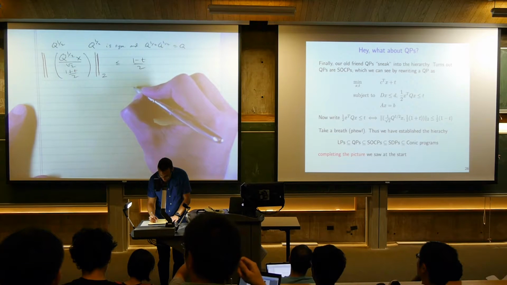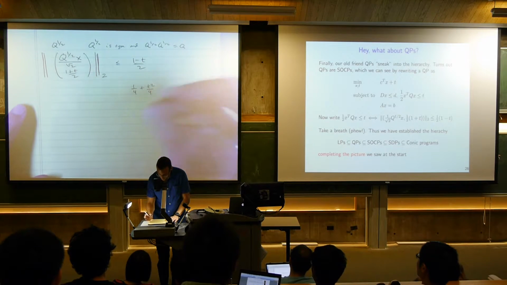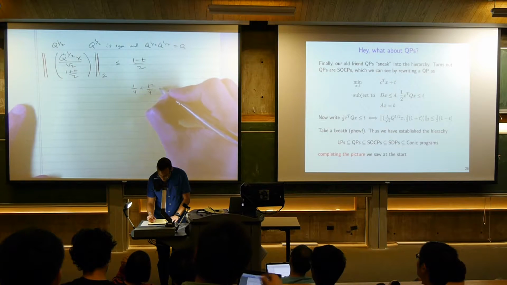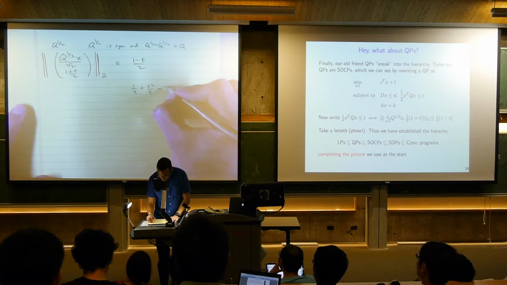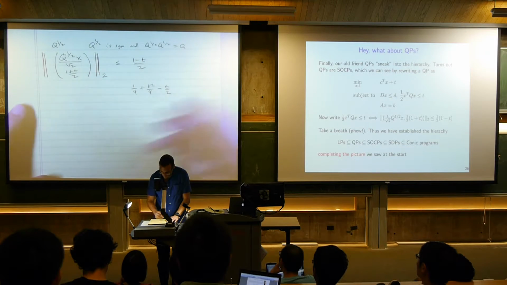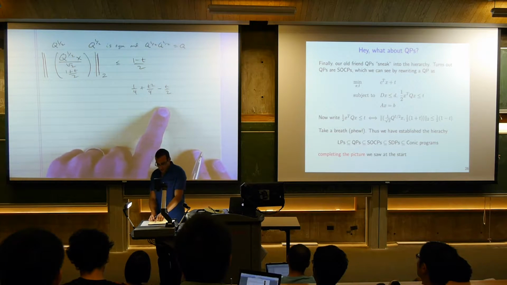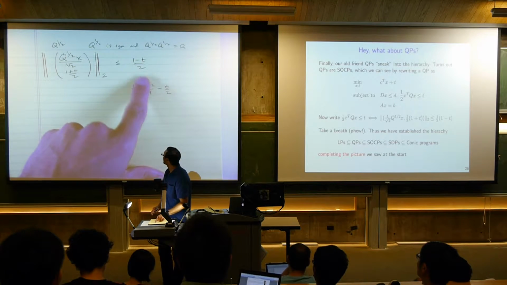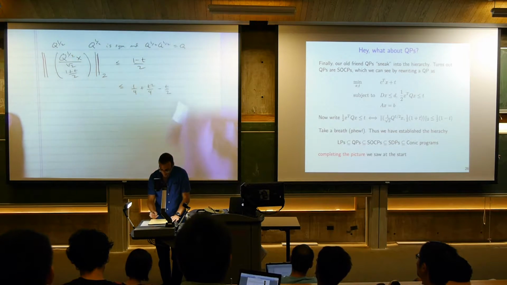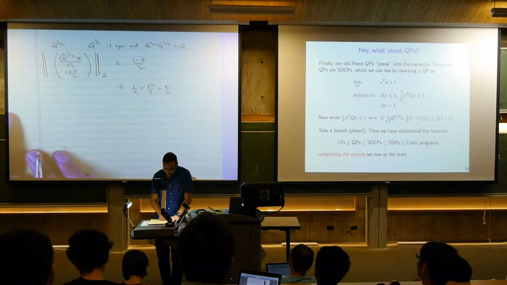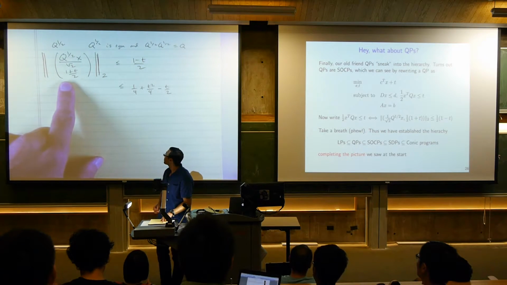So on this side, I get 1/4 plus t squared over 4 minus t over 2. Right, if I square that, because I have minus 2t, but it's divided by 4, so I get minus t over 2. And on this side, if I square this, I can think about just taking this vector and doing this vector transpose itself.